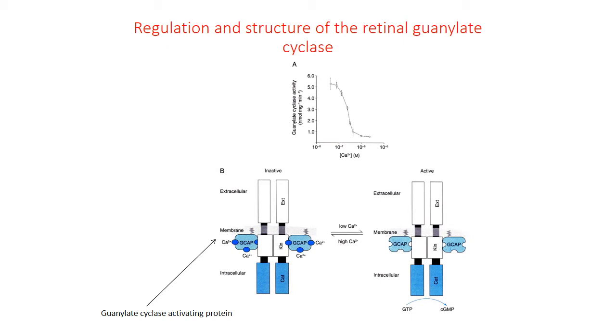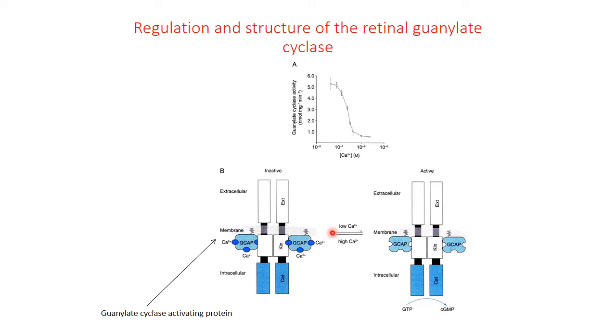The molecular mechanism that underlies this activation of guanylate cyclase is shown here in this slide, where you can see that the guanylate cyclase has several different domains and is bound to another protein called guanylate cyclase activating protein.